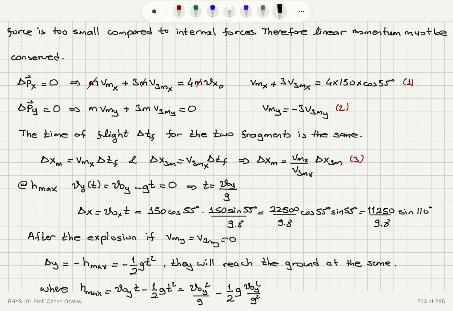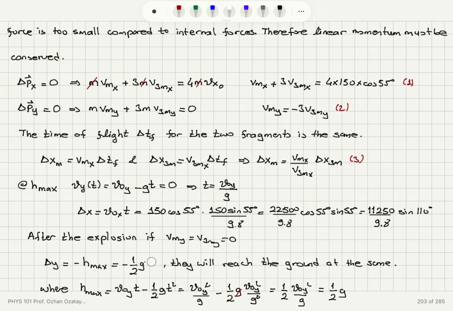And this gives us, one of the g's cancel here, 1 over 2 v0y squared over g, which is equal to 1 over 2 g.